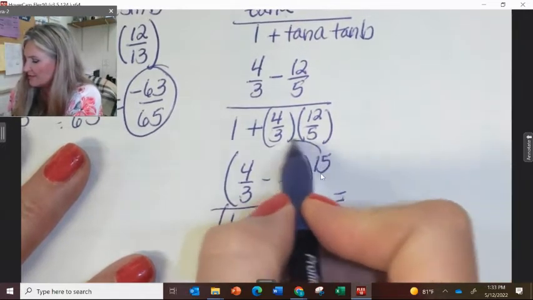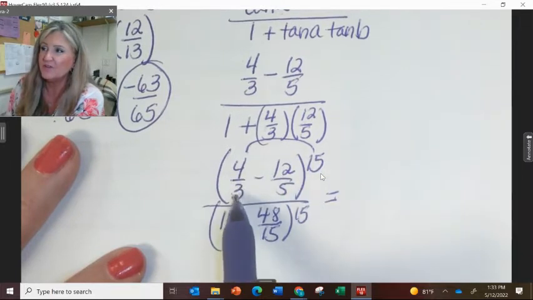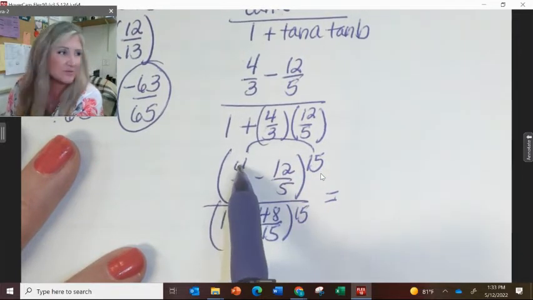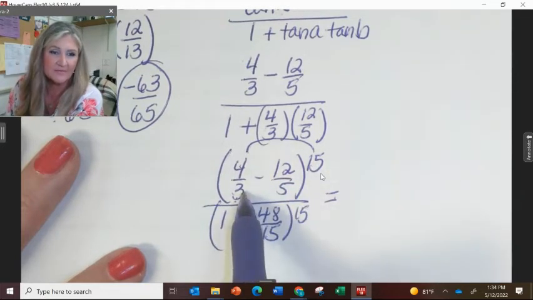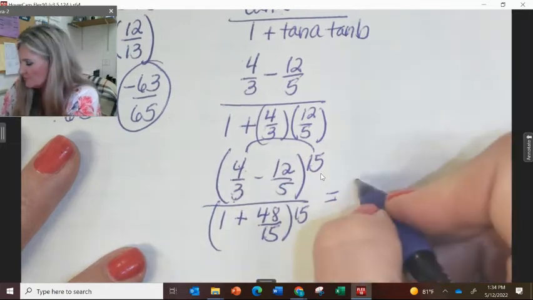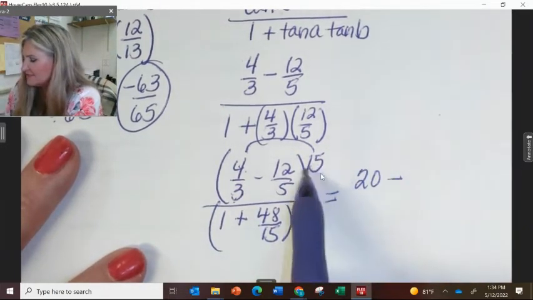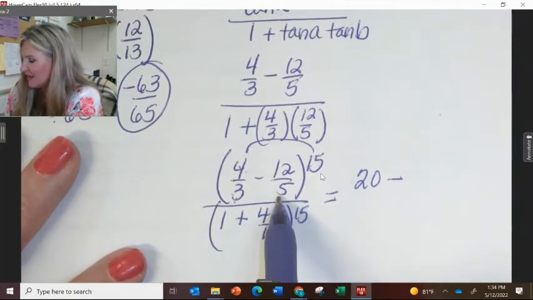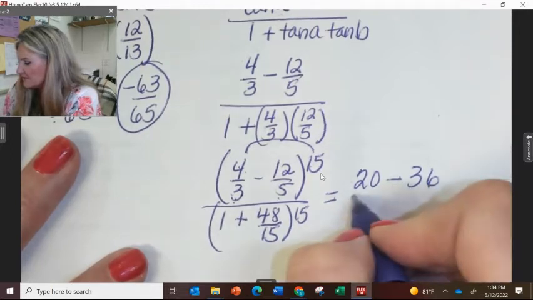So I'm going to multiply this by 15. Now, I can do 15 times 4 divided by 3, or I can do 15 divided by 3 times 4. Which is better? So what is 15 divided by 3 times 4 is going to be 20, minus what's 15 divided by 5 times 12, 36.